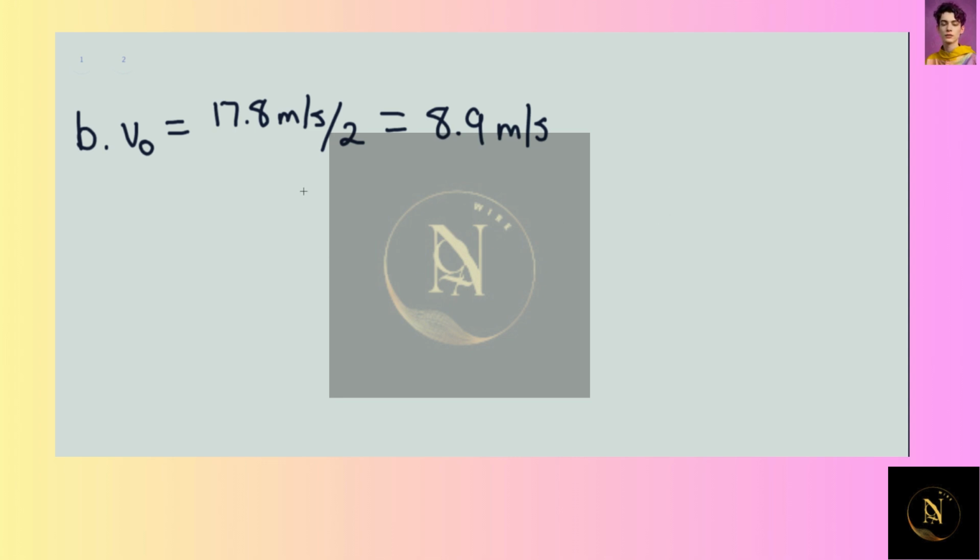So let's use the y direction, and we have delta y equals v initial y times t plus 1/2 a sub y t squared.